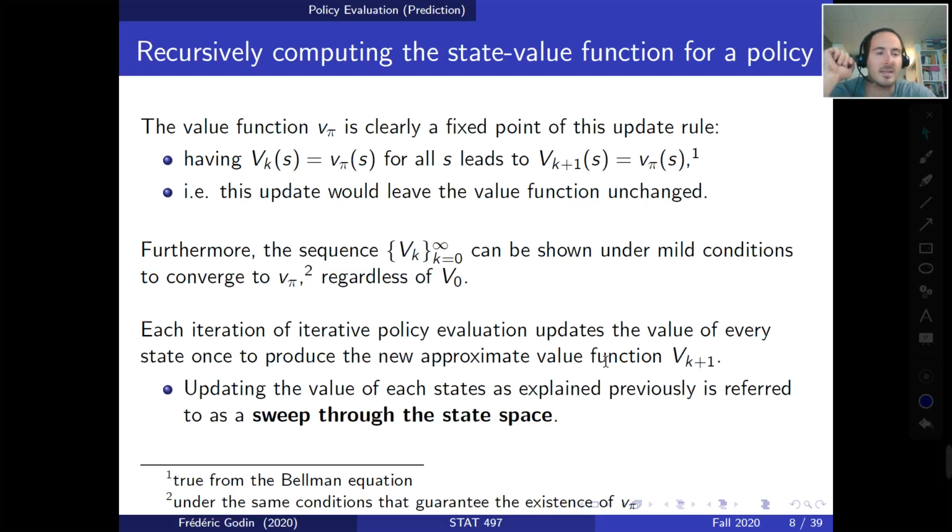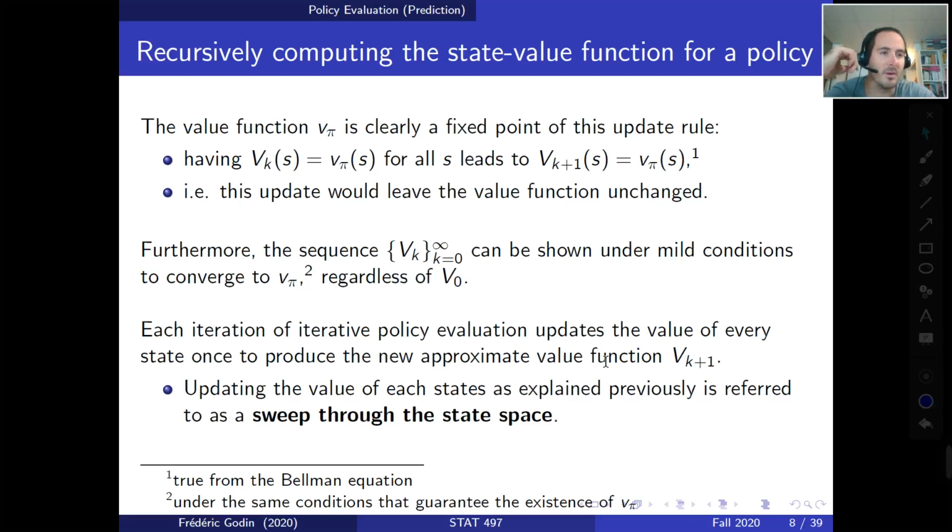In the class I won't discuss these mild conditions, but if you go to the supplementary material, you have a more extensive discussion of this. In a nutshell, the requirement is that the Bellman operator, which we define in the slides, is a contraction mapping.